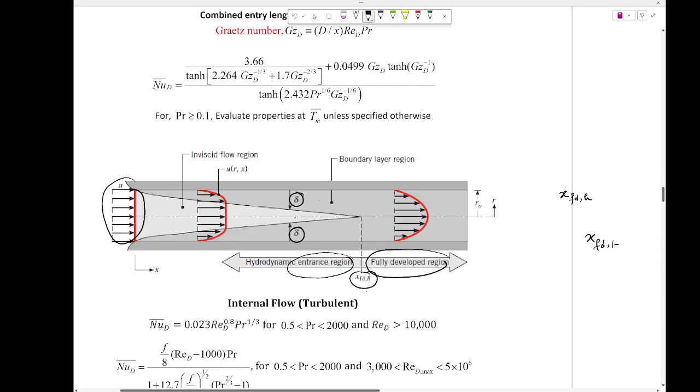For external flow, this X_c is where the transition happens from laminar to turbulent. Remember that? Everybody? Alright. Now you're going to start to understand it more. Okay, so far everybody's with me?